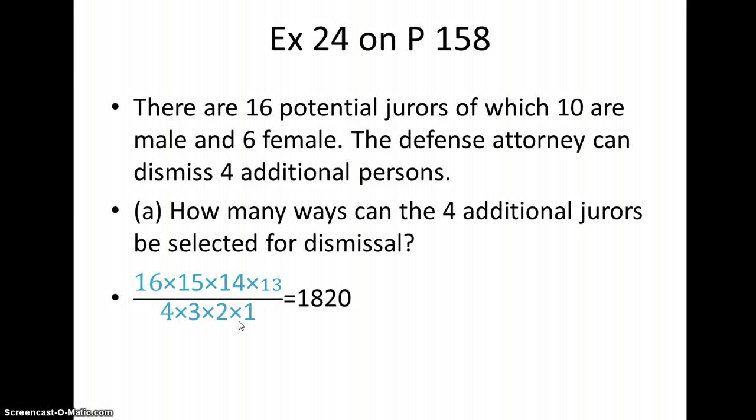But it doesn't matter which you call first to dismiss. It's the same 4 people. So it's a combination. We have to divide by that. So by the formula, 4 times 3 times 2 times 1, the number of times each one repeats. After division, we get 1,820. So 16 choose 4, we have 1,820 different ways.